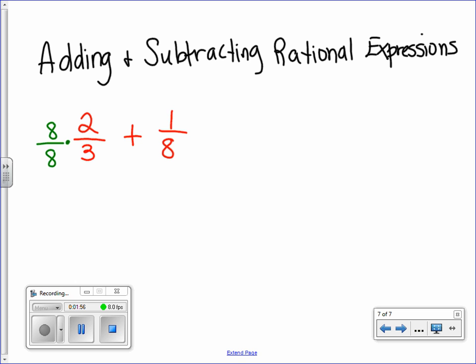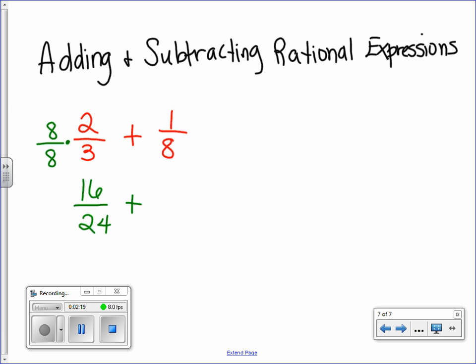Right, because in reality, what am I actually multiplying by? 1, because 8/8 is 1. Anything times 1 is itself. So I'm not changing the number, I'm just changing the look. So 8 times 2 is 16, and you told me that was 24.